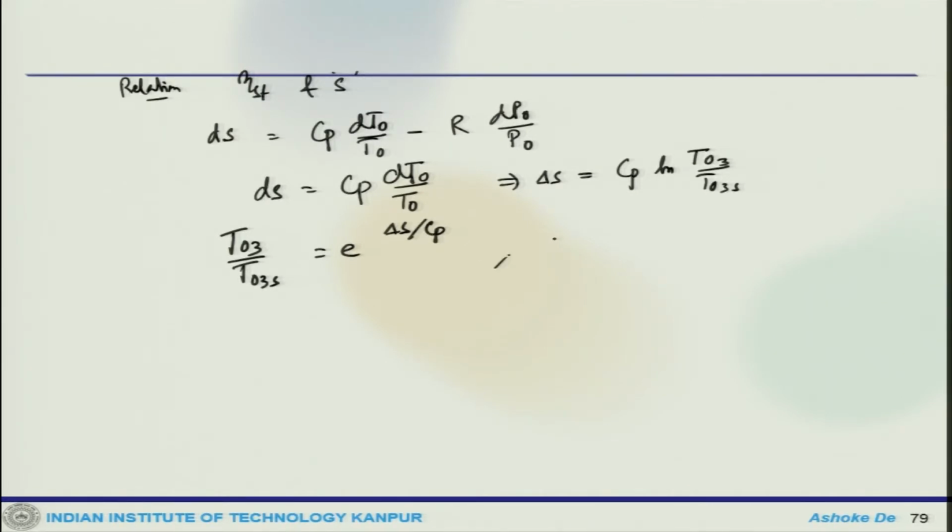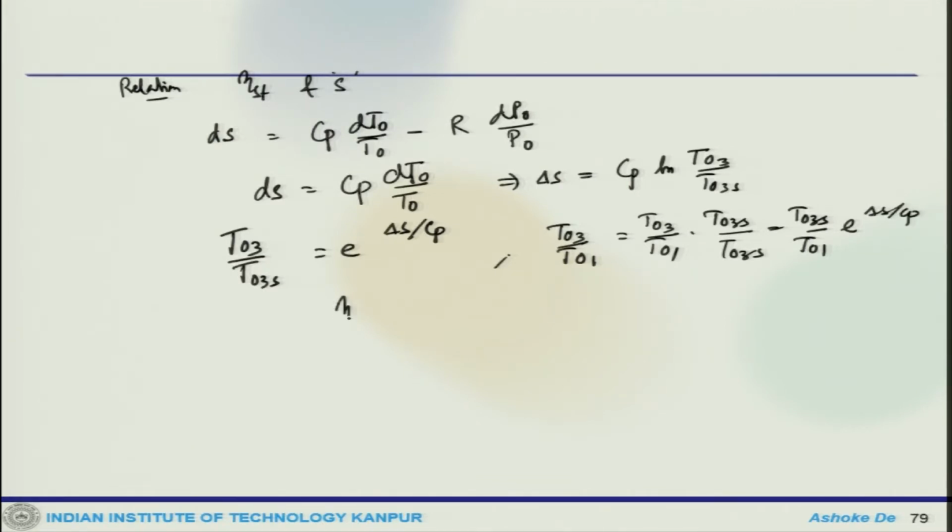Similarly, T naught 3 by T naught 1 is T naught 3 by T naught 3S into T naught 3S by T naught 1. That is just simple algebra, and you get T naught 3S by T naught 1 as e to the power delta S by Cp.